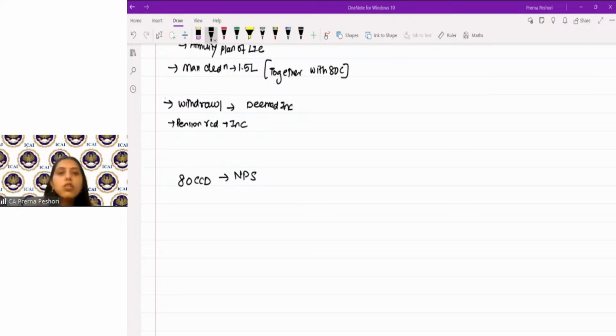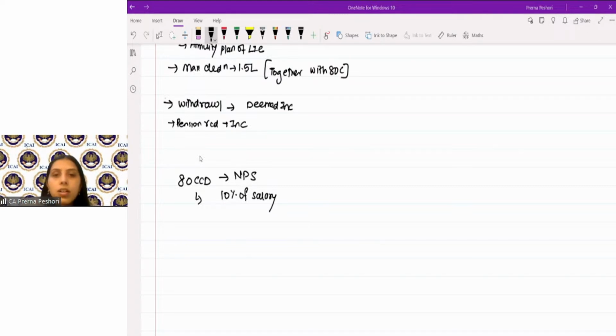Now, what is the deduction over here? The deduction over here is 10% of the salary. 10% of the salary is allowed as deduction.